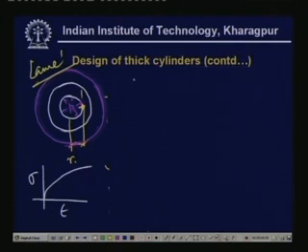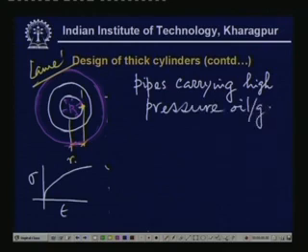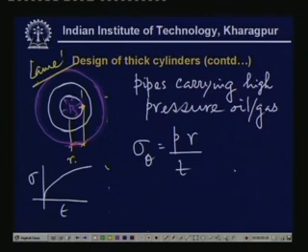So, pipes carrying high pressure oil or gas. In that case, remember the design criteria for thin cylinders was that sigma theta was PR by T, where earlier R was the mean radius for a thin cylinder, which is equal to the average of the outside and the inside radius.